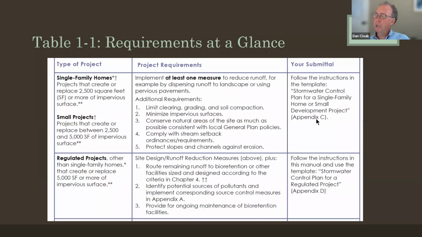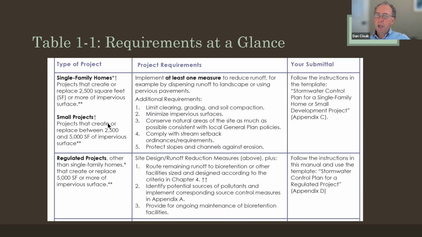Small development project has its own special path to compliance. It's in Appendix C. Very simple to do. You know, talk about a regulatory hoop. It is something of a regulatory hoop. We will be getting into that in more detail, and some of the changes that the Northbay agencies made to clarify their expectations on that when the manual was reissued in 2019.